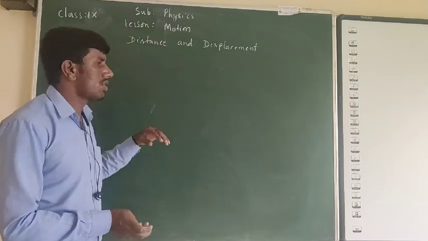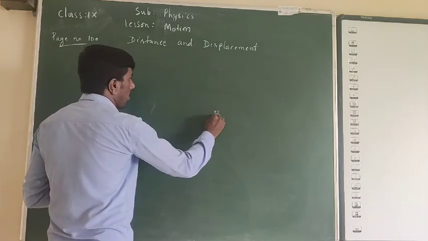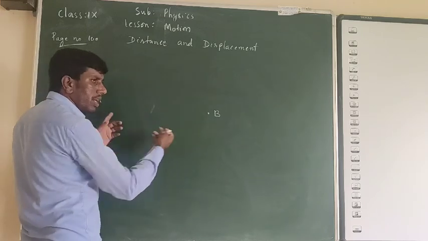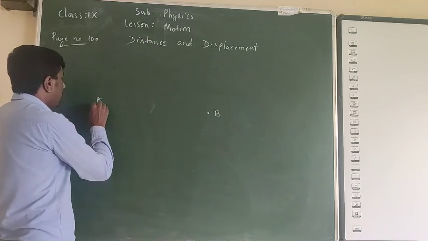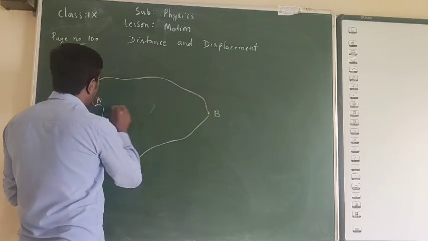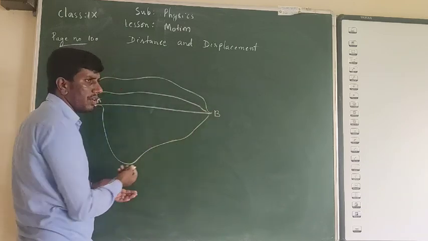What is distance? Suppose I have a point A, this is the origin, and this is the point B. We will be traveling from A to B. I can travel from any direction. I can travel like this, or like this, or like this. These are the different paths.